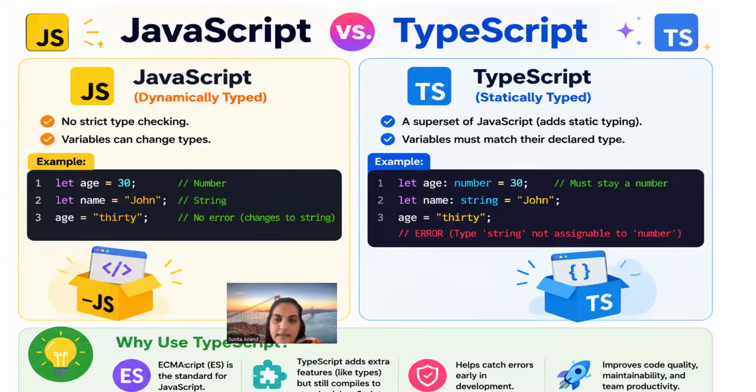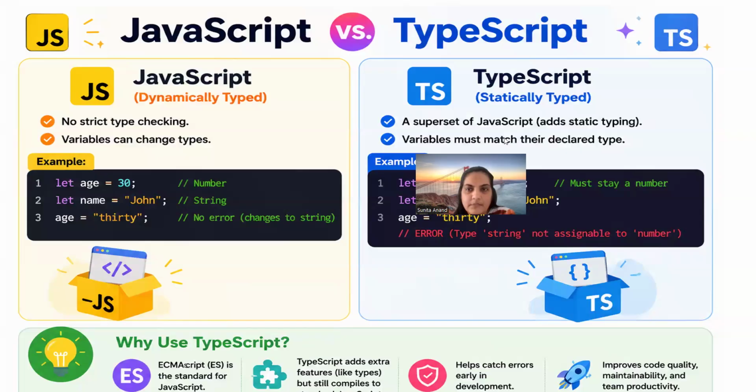It says that type string is not assignable to number. Initially age was a number, and we told it strictly by annotating it, where you see colon number, which is nothing but the annotation. So we annotated the age variable to a number data type, and likewise, when you change the value of the variable age to a string in your third line and print it, you will get an error.